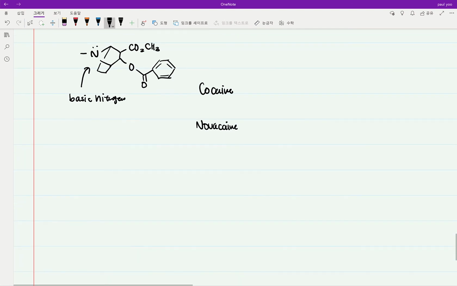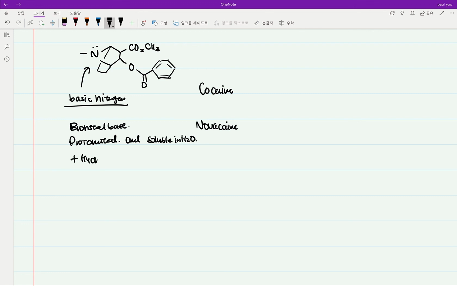Okay, so let's go over some more great features of this nitrogen. It's a Bronsted base. It's protonated and soluble in water. It's a hydrogen bond acceptor.